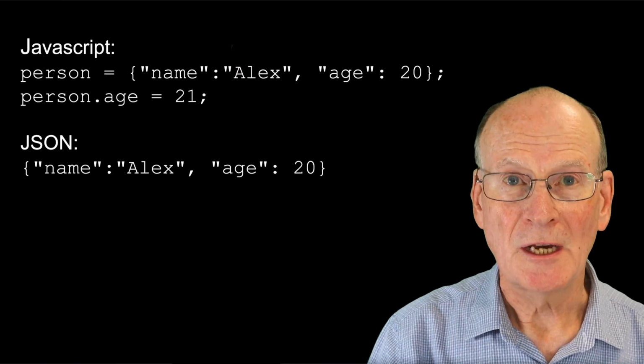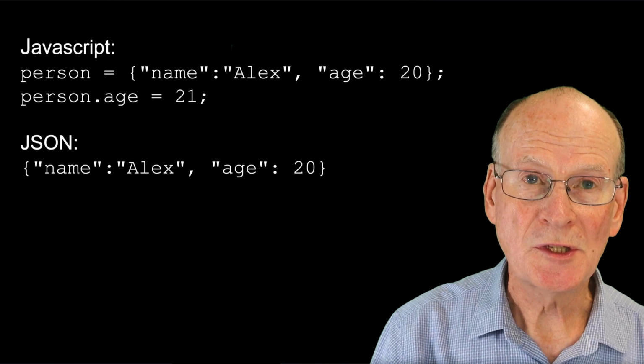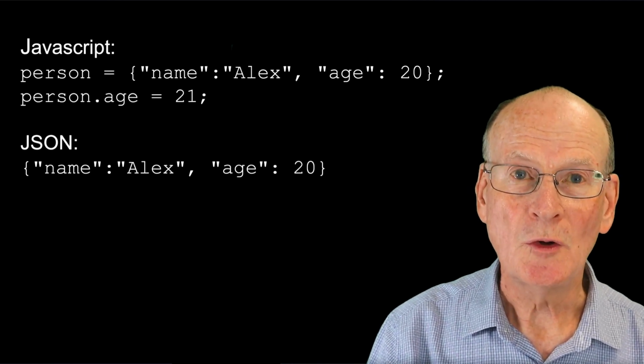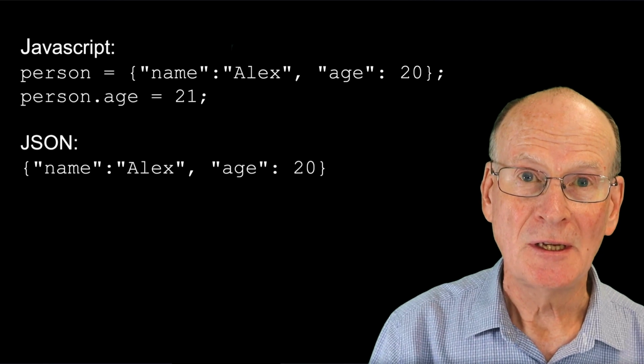So, what is JavaScript object notation or JSON? Well, this is the syntax used in a JavaScript program to represent a JavaScript object. A JavaScript object is a little like a Python dictionary, a list of key and value pairs. The keys are like variable names, and the values can be strings or numbers or booleans or arrays, or they can be another object.